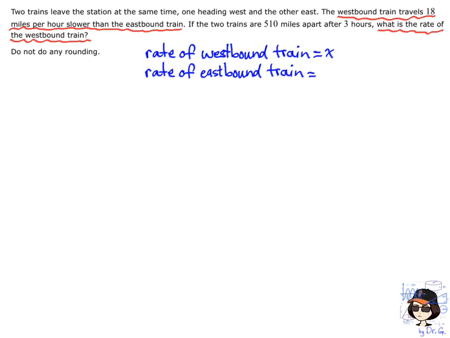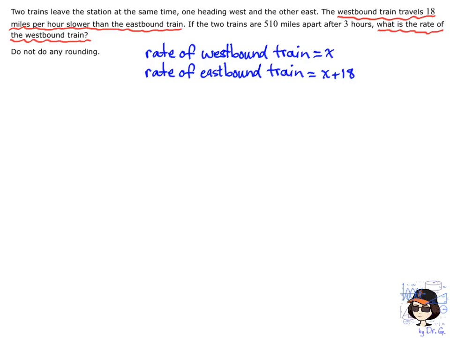So that means the eastbound train is faster. So it has a higher speed, a higher rate. So we're going to write the rate of the eastbound train is X plus 18 because it's bigger than X. All right, so we've got the two rates. Now we're going to try to set up an equation.